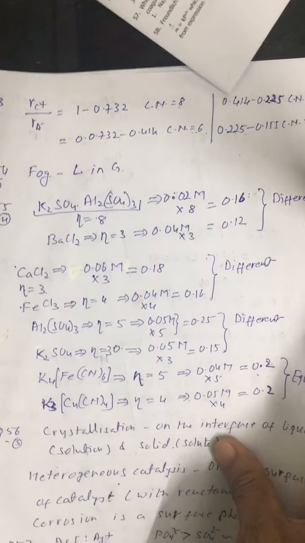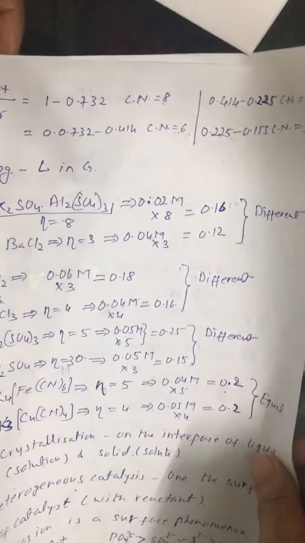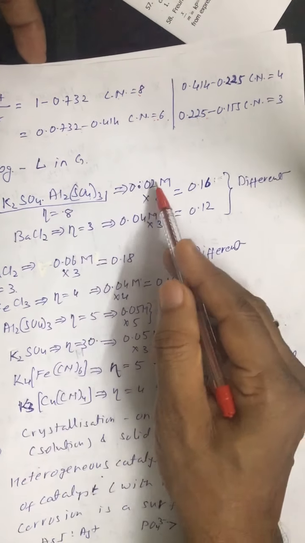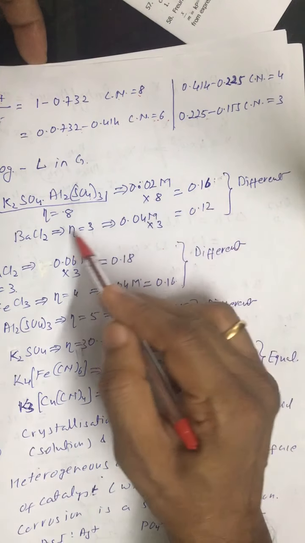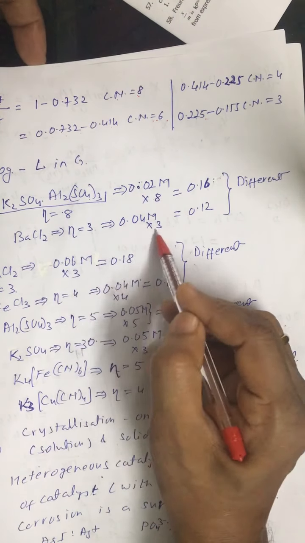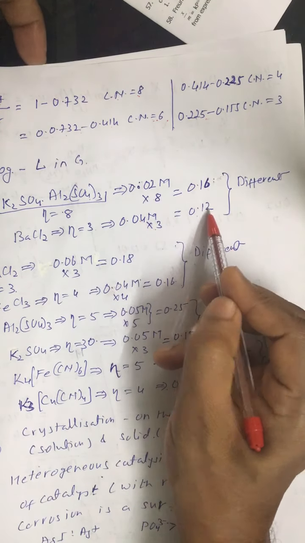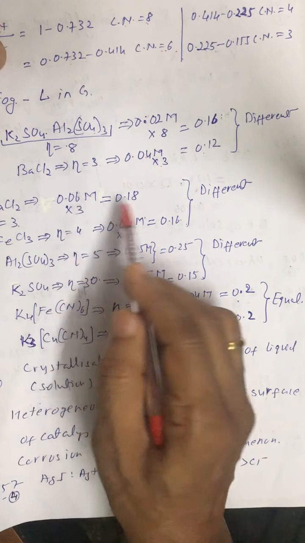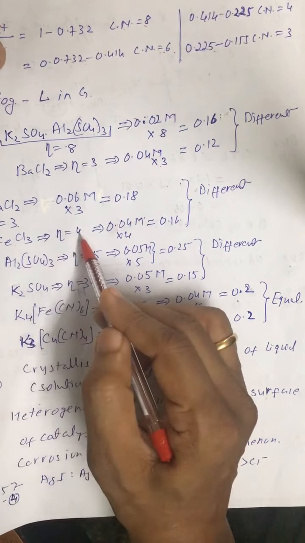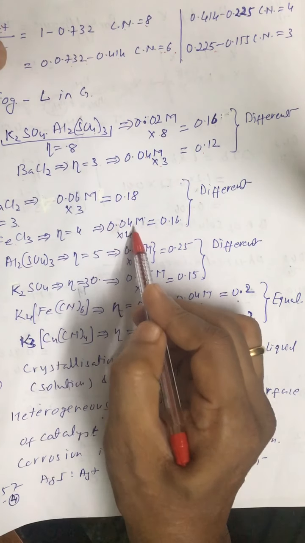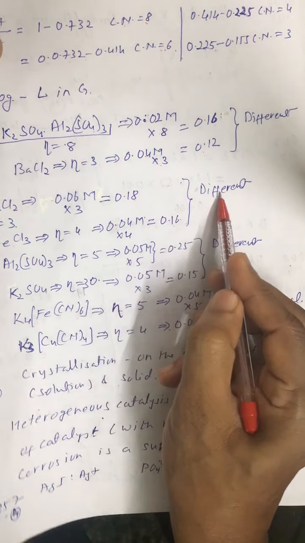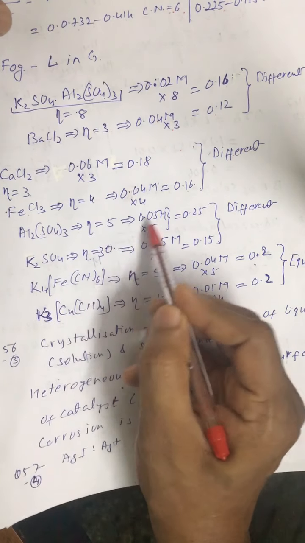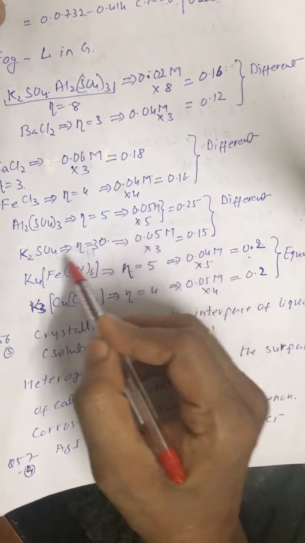In question number 55, for K2 this, eta is equal to 3, multiplied by this 0.16. Here eta is 3 multiplied by molarity 0.12. They are different. CaCl2 same, eta is 3 multiplied by molarity 0.18. FeCl3, eta 4 multiplied by molarity 0.16. They are also different. Al2(SO4)3, eta is 5 multiplied by molarity 0.25.